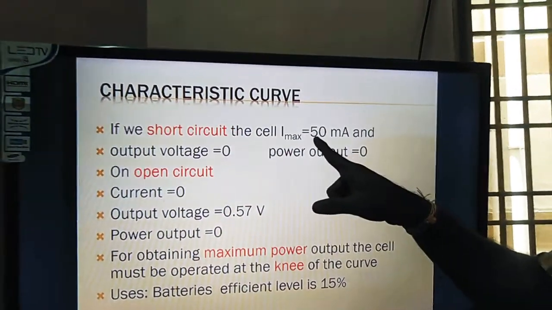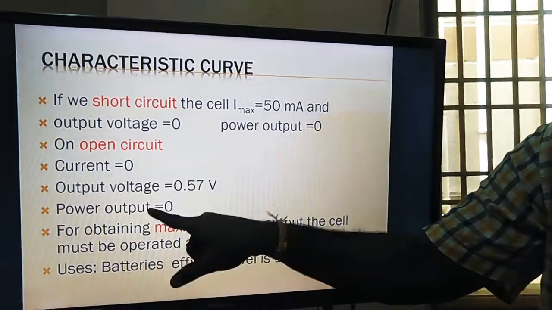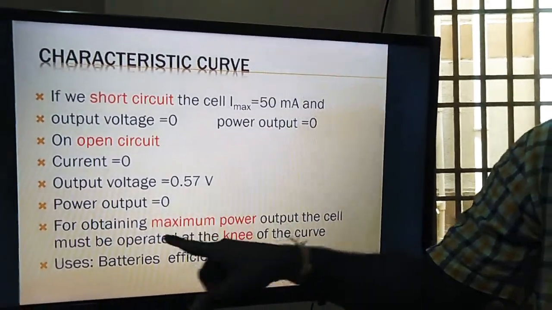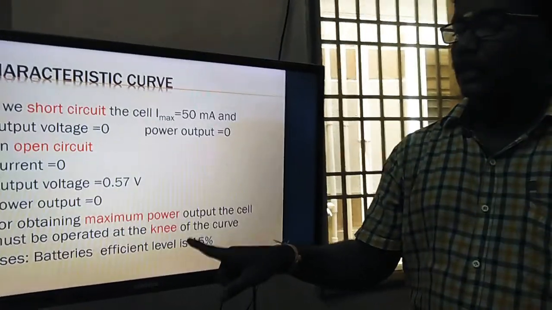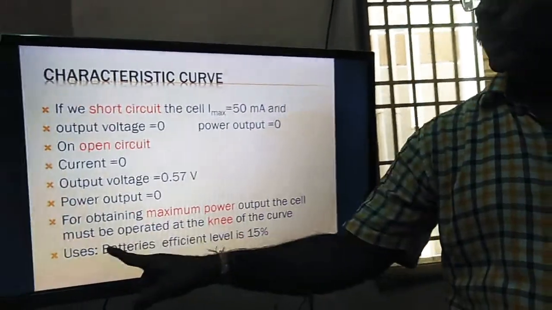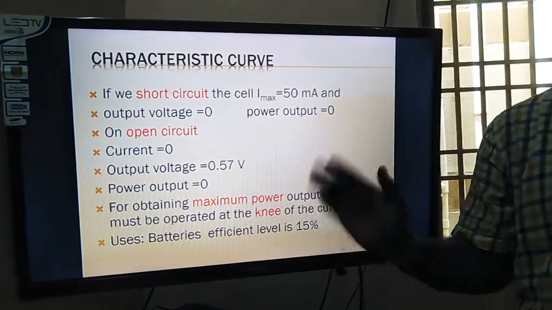Short circuit current is maximum and open circuit voltage is maximum, but in both conditions the power output is 0. Solar cells nowadays are used in batteries, with efficiency up to 15%.